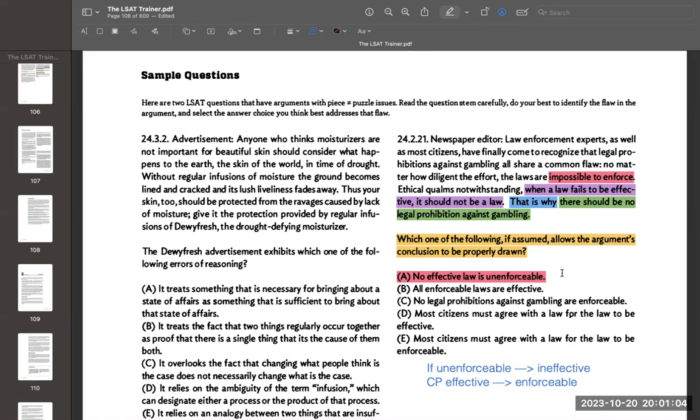So for this one, we need enforceability to be the necessary condition, because we know that these laws are not enforceable. They are impossible to enforce. So because we're negating enforceability, we want enforceability to be a necessary condition. And then we can go from it's not enforceable to it's not effective to it shouldn't be a law.